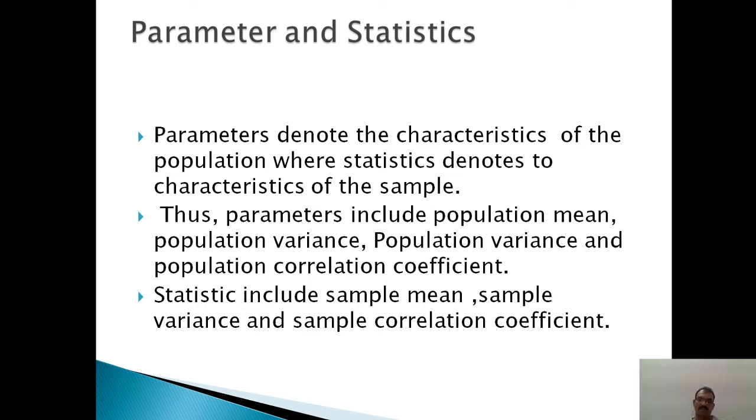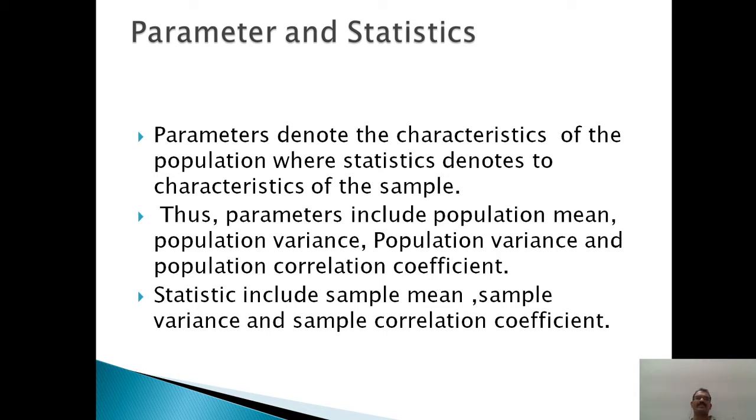Measurement of sample is called statistics. Parameters include population mean, population variance, population correlation coefficient.